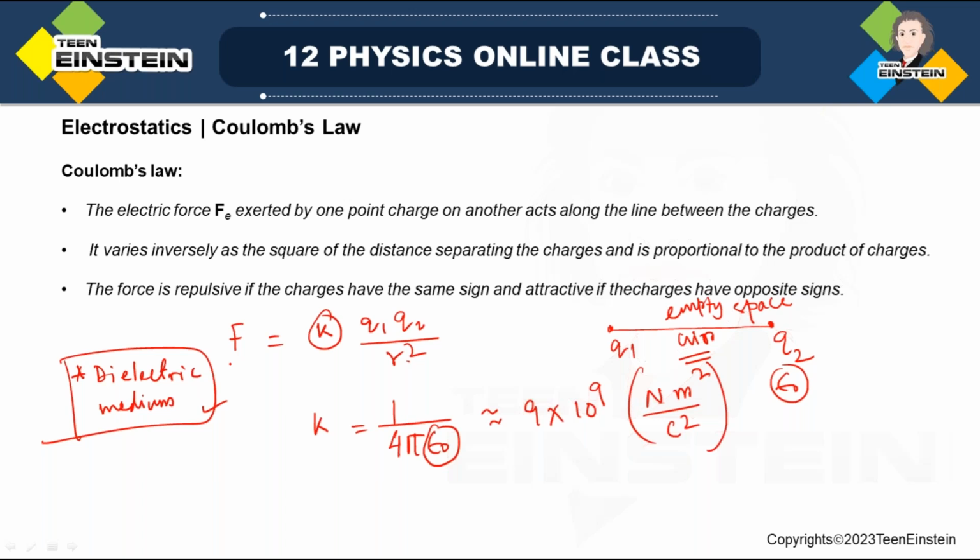So what we should try to understand is what happens for Coulomb's law in dielectric medium. In that case, we can no longer use simply epsilon naught.